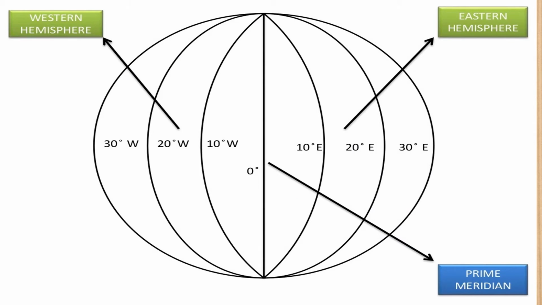When you look at the longitudes, you can now see that you have the 0 degrees prime meridian, which divides the globe into the eastern and western hemisphere. You have places or the meridians of longitude located east or west of the prime meridian.